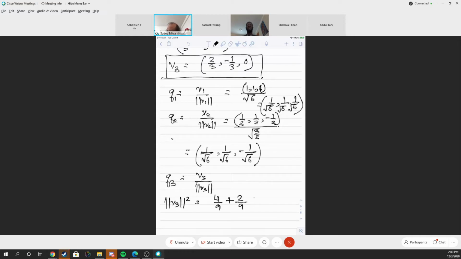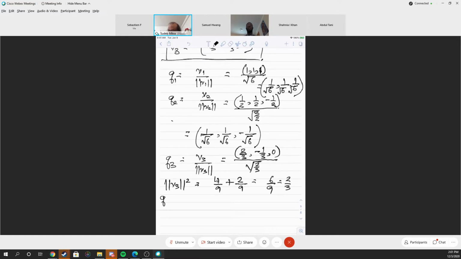So that is 6 upon 9, 2 by 3. So this will be V3, which is 2/3, minus 1/3, 0, upon square root of 2 by 3.